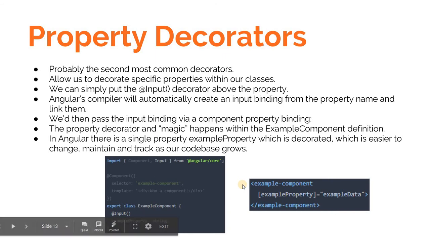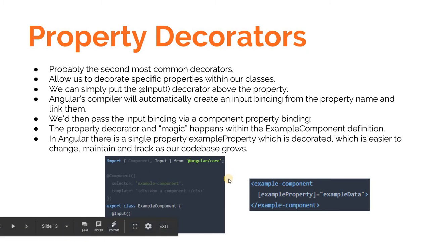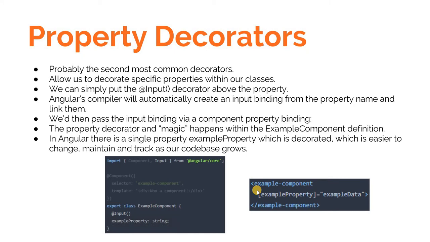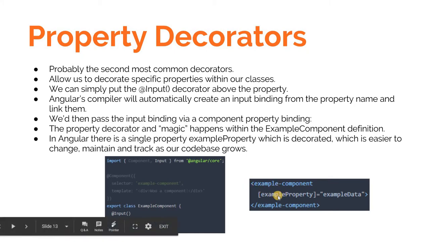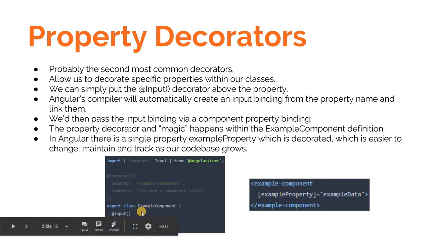We basically tell Angular's compiler that it needs to create an input binding for the property name and link it to where exactly it is going to be used inside the template. The value that is being passed inside this binding will automatically be assigned to this example property that we have inside the ExampleComponent class.